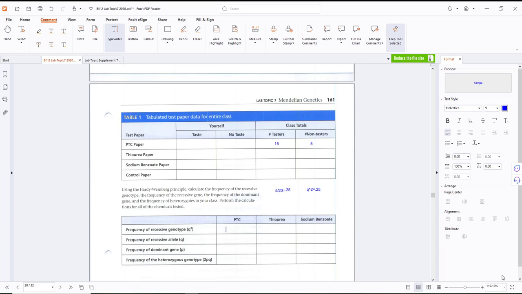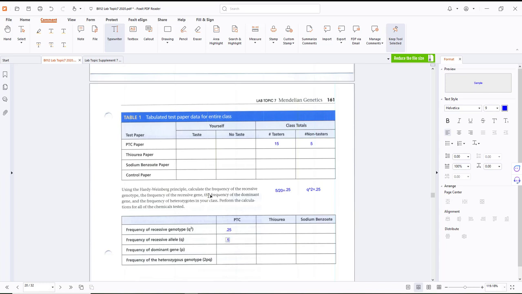I take the square root, right? So what's the square root of 0.25? Well, you've got to use the calculator. So get the old calculator out and find the square root of 0.25. I just figured it out. It's 0.5. So now I have q equals 0.5.